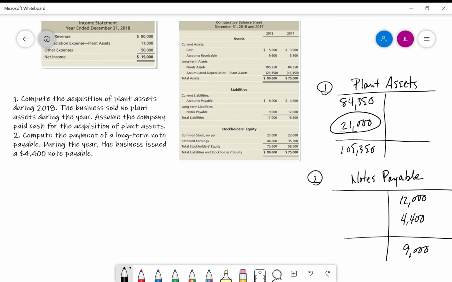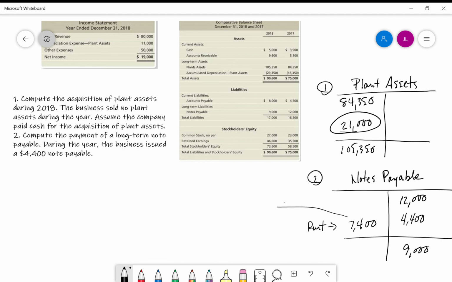Note payable is a liability, and has a normal balance on the credit. So we started with 12,000, we added 4,400, so that's 16,400, but we're left with 9,000. If we subtract our ending balance, the 9,000, we get our payment on the note payable of $7,400.